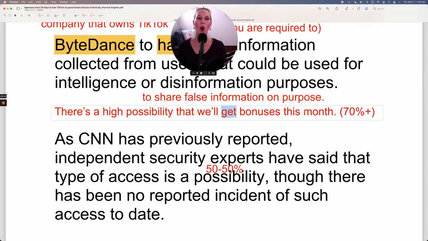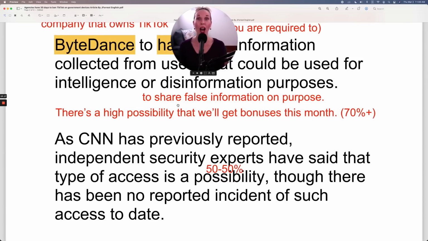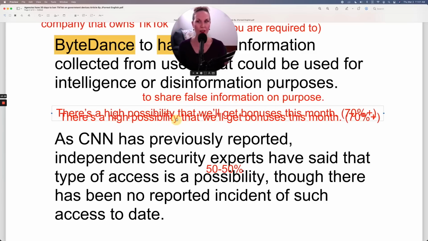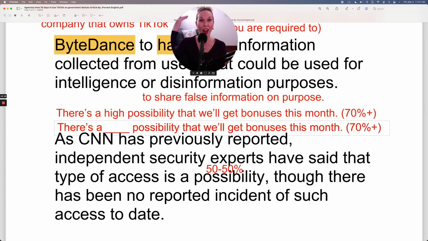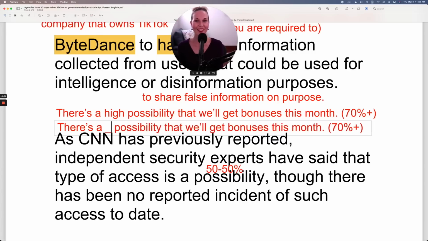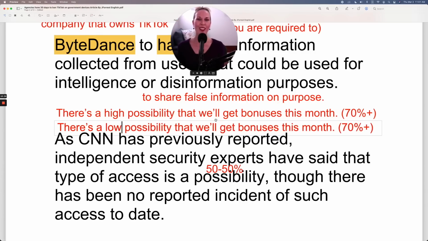What would be the opposite of high possibility? What do you think? If I want to say there's only a 30% chance, what would be the opposite? What word would I replace? There's a high possibility. There's a low possibility. There's a low possibility that we'll get bonuses this month. So that's probably about 30% or less.